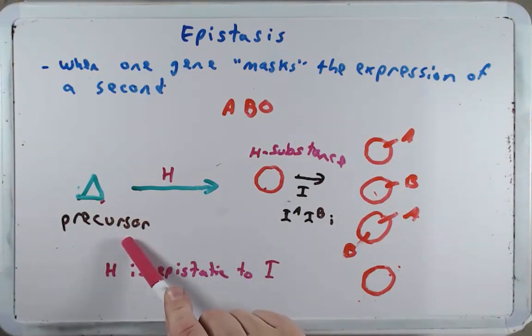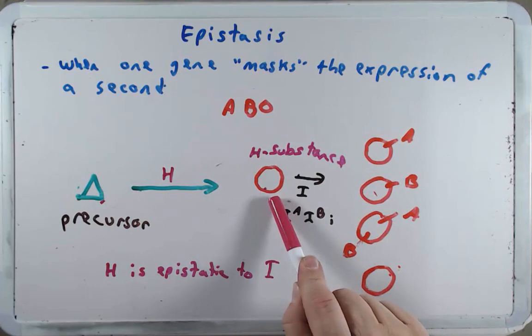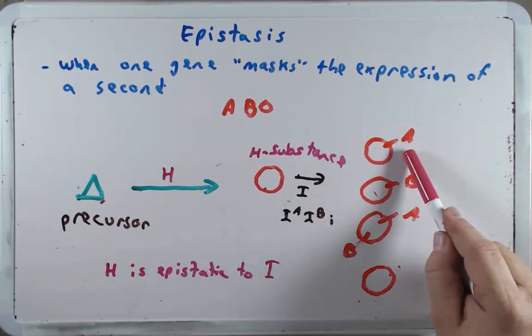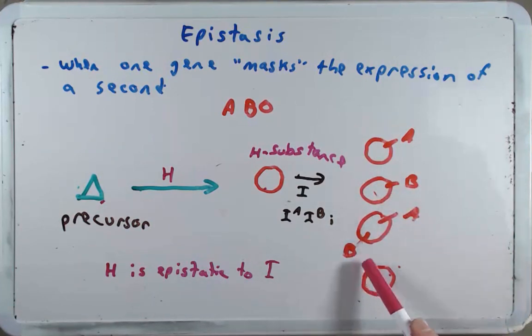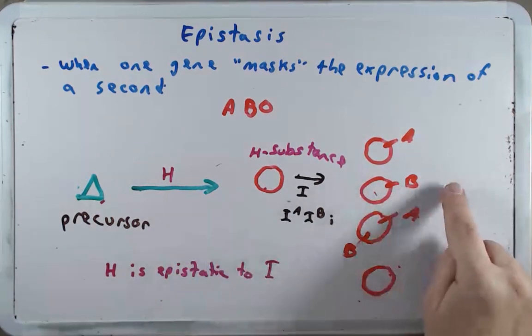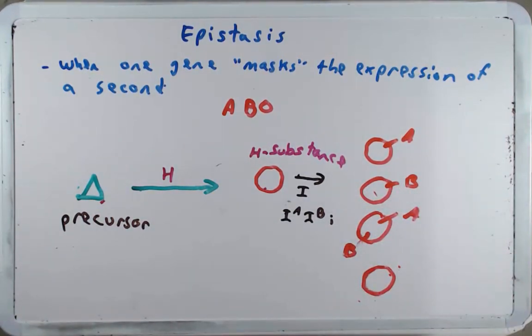H takes this precursor, turns it into this H substance. Now, we can't put the A, the B, or both A and B sugars onto the red blood cells unless you make H substance. So this is the initial pathway that is necessary to move forward. So let's look at a few genotypes to help understand this.